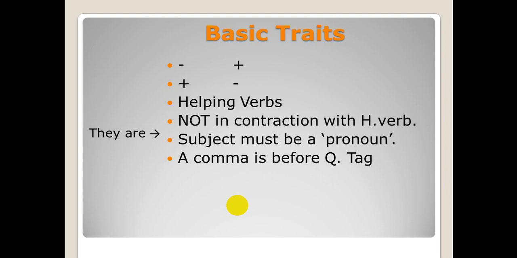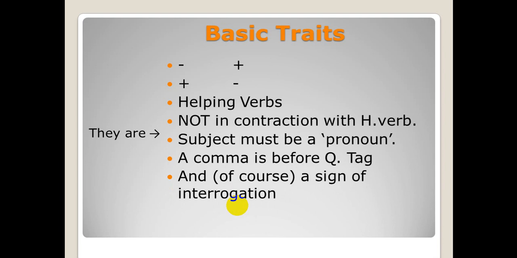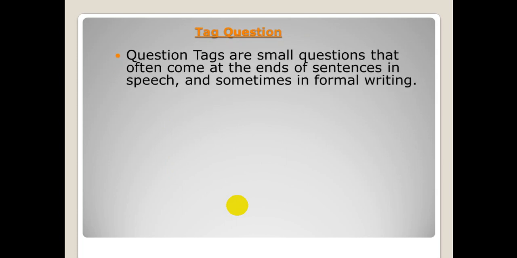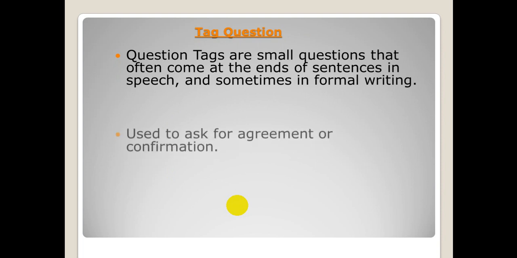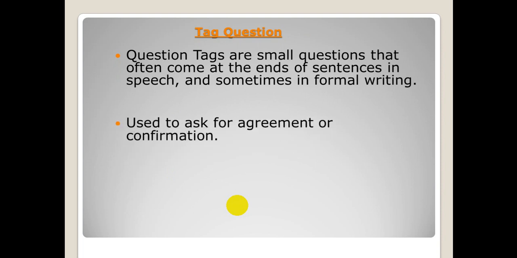There will be a comma before the tag question. Already you have seen it in the previous examples, and of course a sign of interrogation at the end, as we know that tag questions behave like questions. Okay, next, so tag questions are small questions that often come at the ends of sentences in speech and sometimes in formal writing, and tag questions are used to ask for agreement or confirmation.